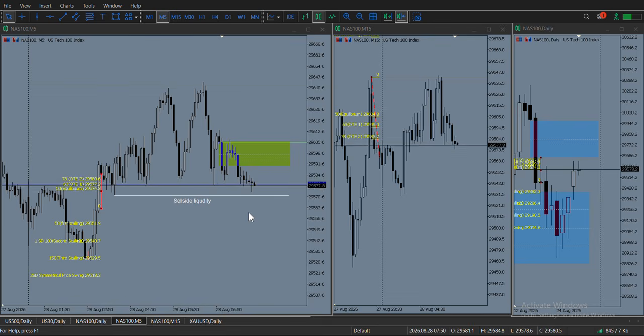Oh, my throat today. So if closed here, that 1 hour is in, that 15-minute is in. It's a small wick, but it's a measurable wick. So I want to see the lower prices.